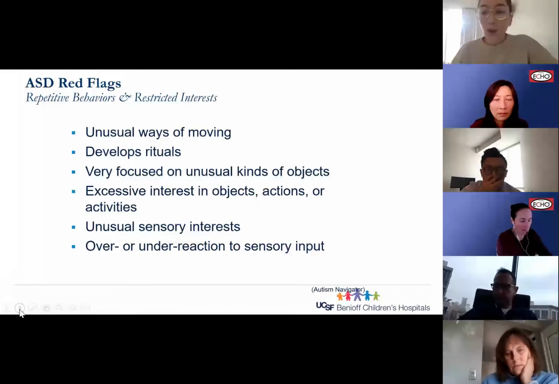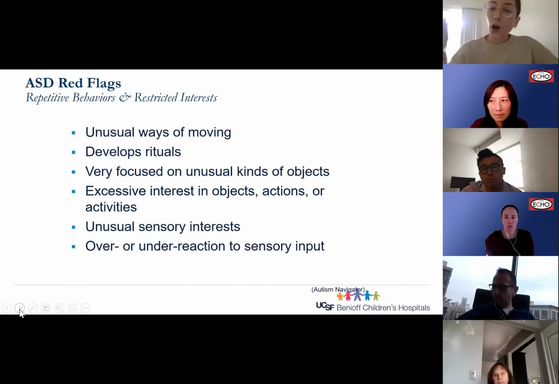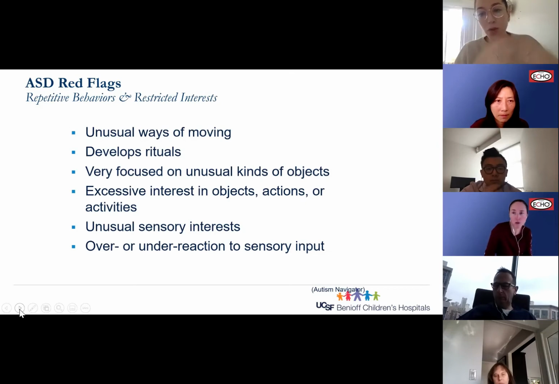Becoming hyper-focused on unusual objects that are not toys. For example, some common ones that parents have shared with me are a ceiling fan, curtains or blinds, a garage door opening and closing, as well as focusing in on a part of a toy as opposed to the whole toy.